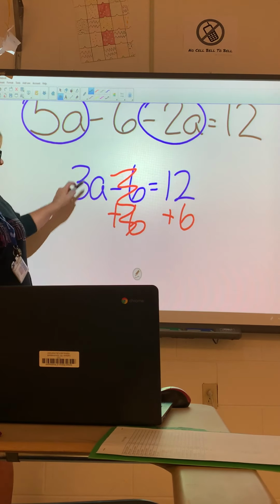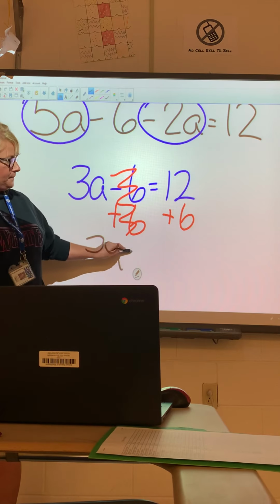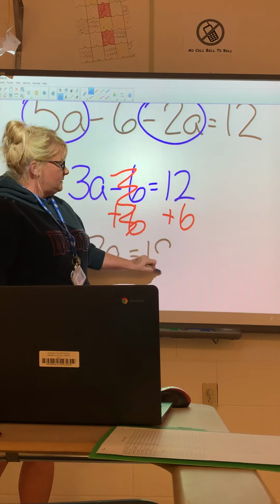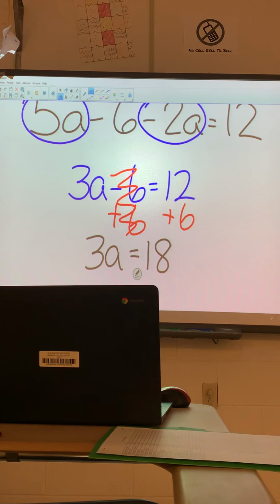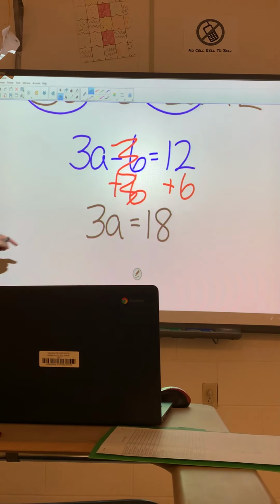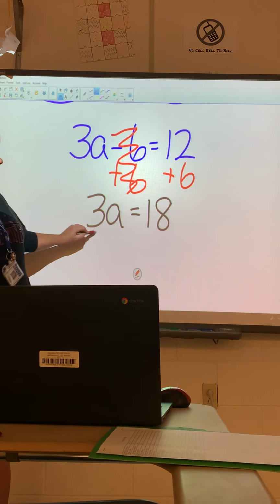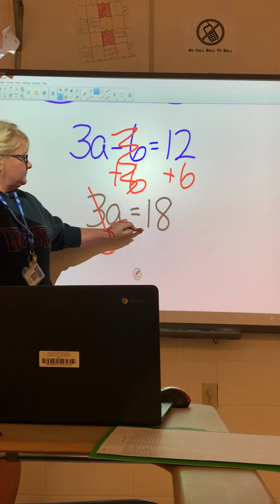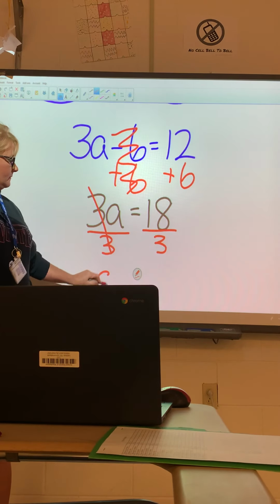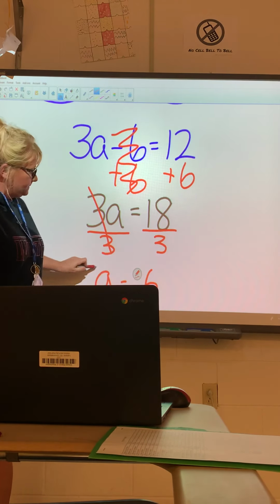Giving us a 3a still over here equals 18. Now we want that a by itself. Let's get rid of the one that's attached to it by dividing by 3. Does that equal 6? It does.